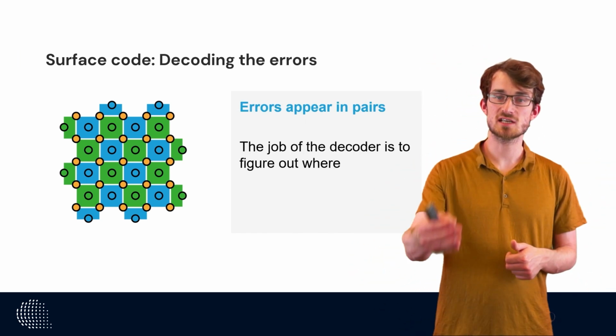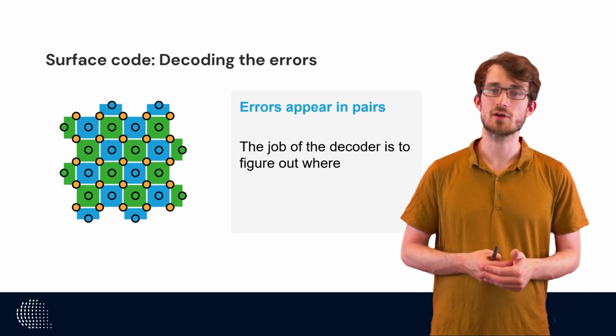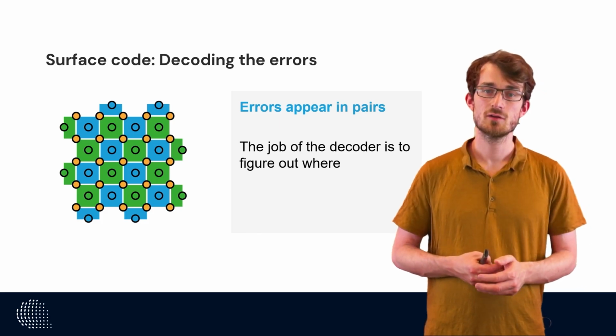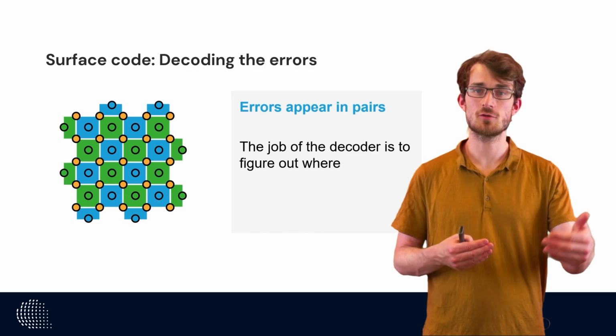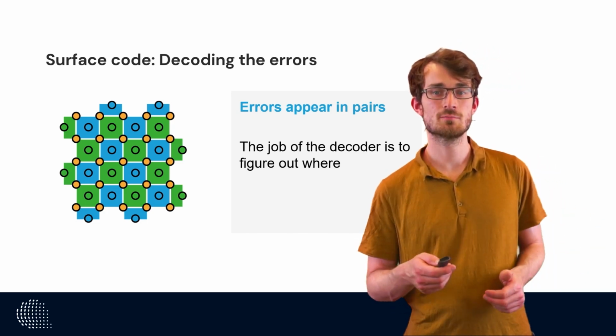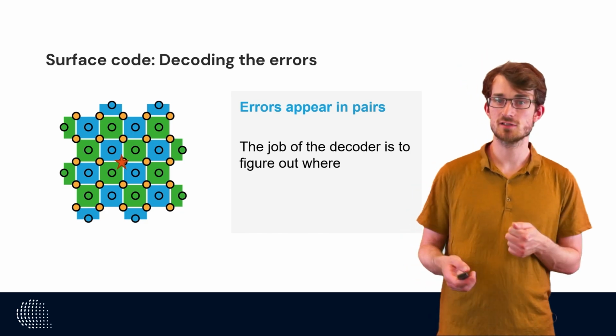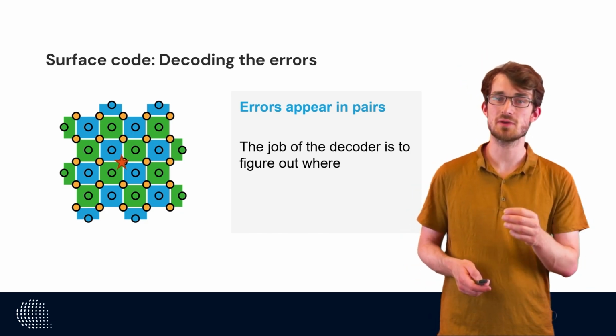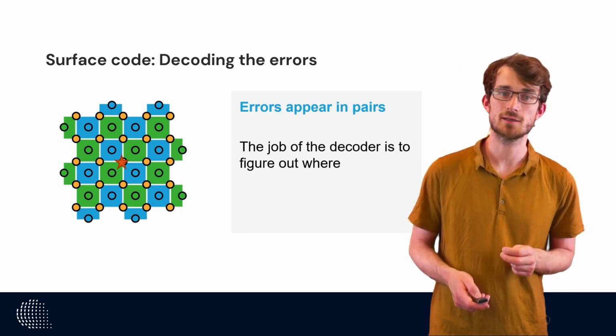Now, when you do these experiments on error correction codes in the surface code, an important job is to figure out where the error occurs on which qubits, and that's the job of the decoder. To show how this works in the surface code, let's imagine that we had a bit flip error on this center qubit.